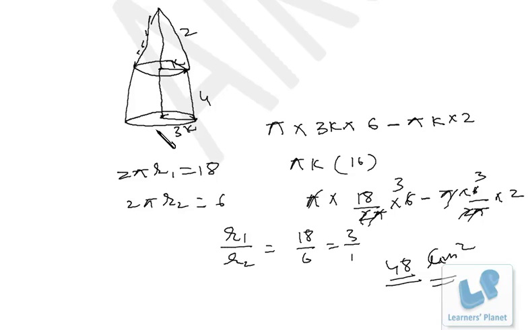You can simplify this calculation by taking things as common and eliminating the step. It's just pi r1 L1 minus pi r2 L2, that is the curved surface area of the bigger cone minus the curved surface area of the smaller cone, right?